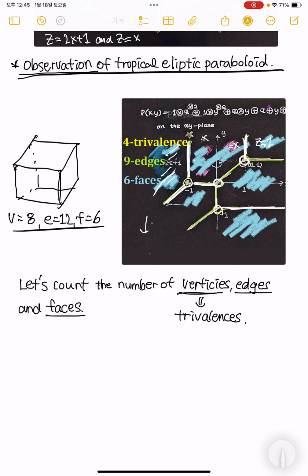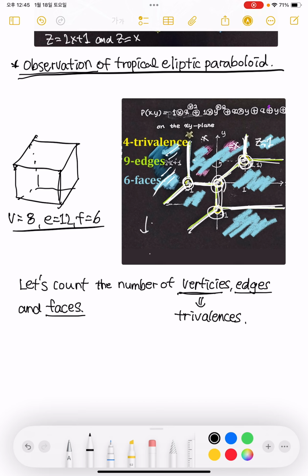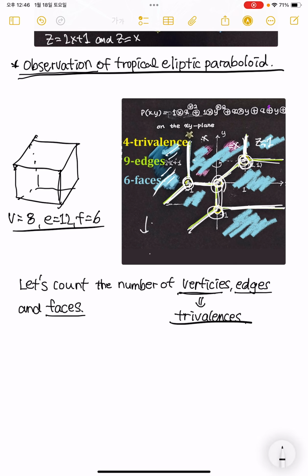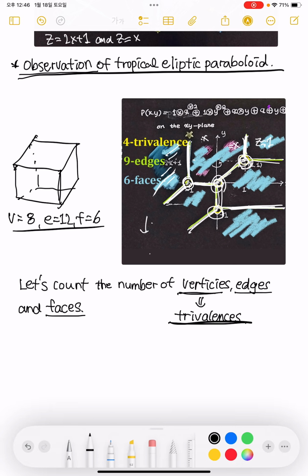Okay, that is here, that is here, that is here, that is here. Every vertex forms when 3 edges meet. So instead of vertices in the tropical world, we use trivalents. So there are 4 trivalents.